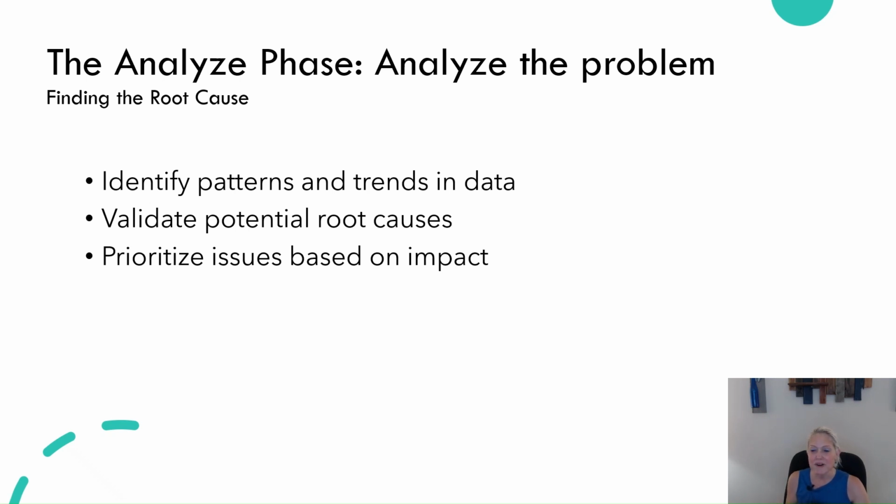So here we are trying to understand what is that root cause in this phase. This is where we make sure we have good data. This is why we need to make sure we use the MSA in the measure phase to validate our data. But here we identify problems and trends in the data that help point us in the right direction. We validate the potential root causes, and we prioritize issues based on the impact that they have on the problem.